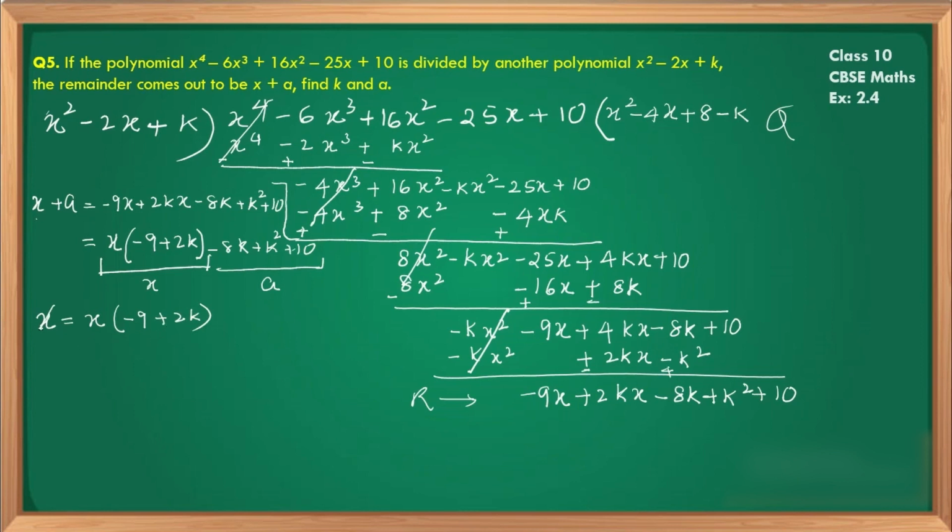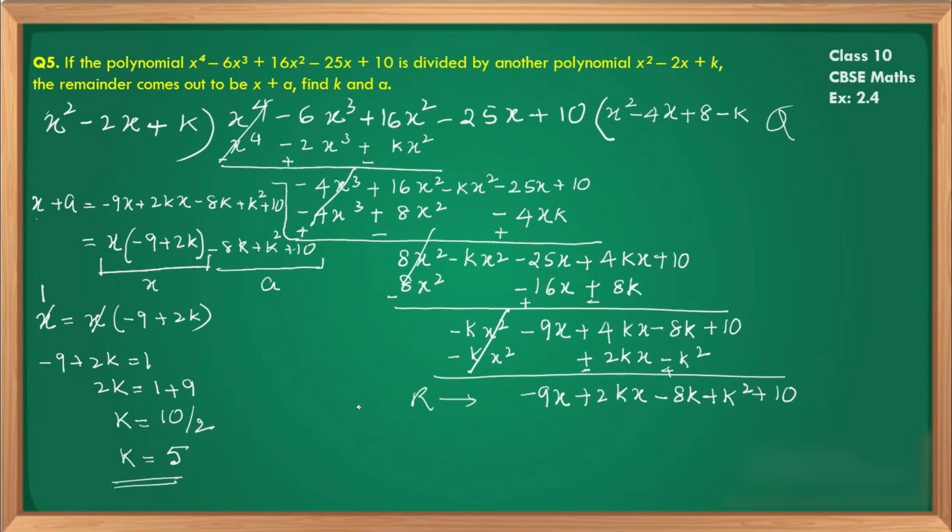Now this x gets cancelled with this. Here we have only 1. Therefore 1 is equal to this. Then we can rewrite this way, minus 9 plus 2k is equal to 1. You only interchange the sides. Now 2k is equal to 1, and when you bring minus 9 to the other side, that becomes plus 9, and k is equal to 10 by 5, not 5, it is 2. 10 by 2.